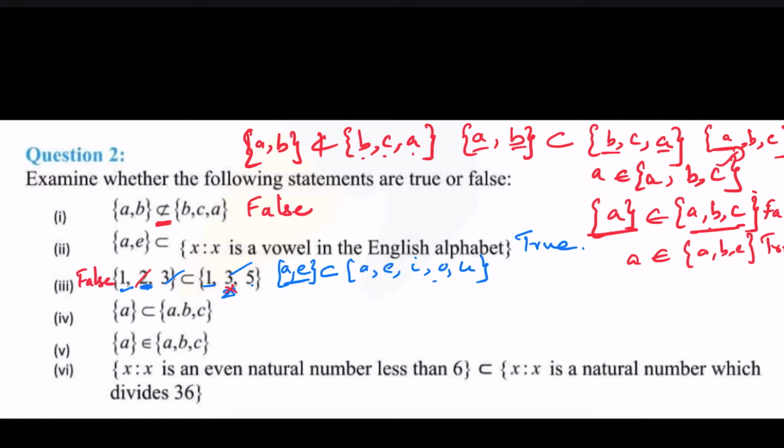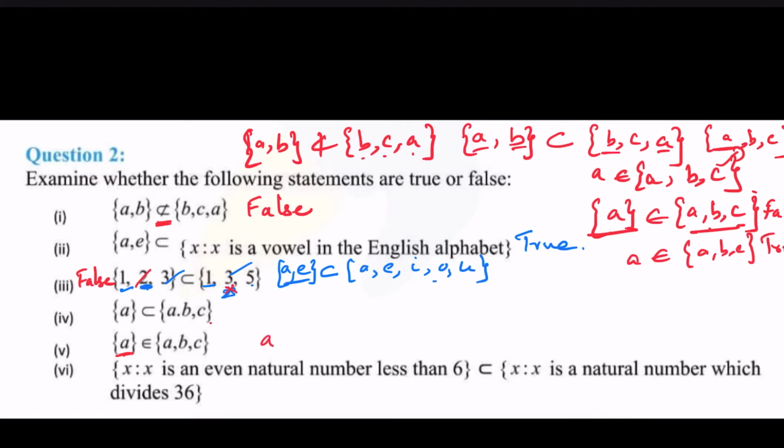Got it? Now the next, the fourth one. Here you have written in braces, set {A} is a subset of {A, B, C}. Is this true? Yes, this is true, because if you take this as a set, then you can say that {A} is a subset of {A, B, C}. But you cannot say that the set {A} belongs to {A, B, C}.